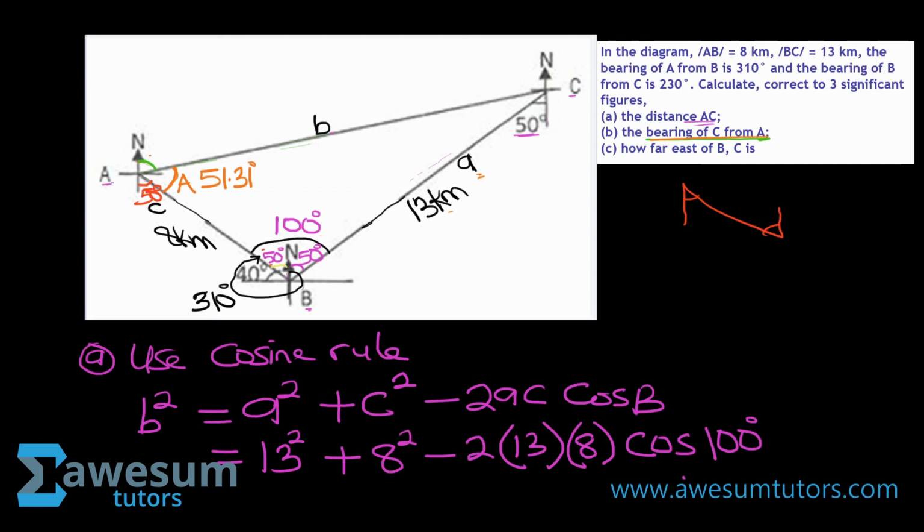Looking at this very well, this is C right here, this is B right here. We know that this is north, south, west, east. These are the four cardinal points for B: north, south, west, east.